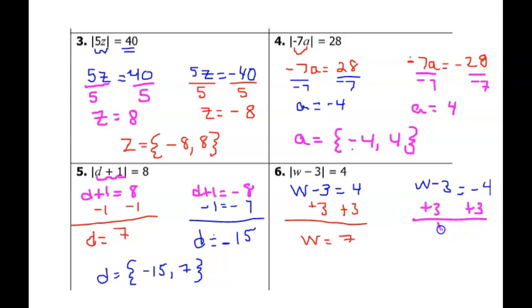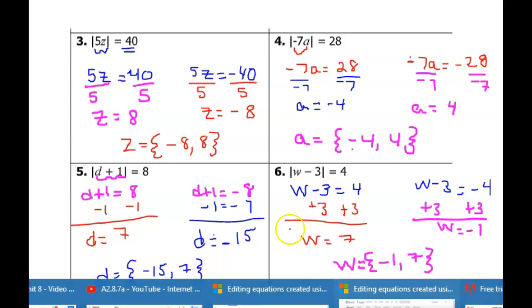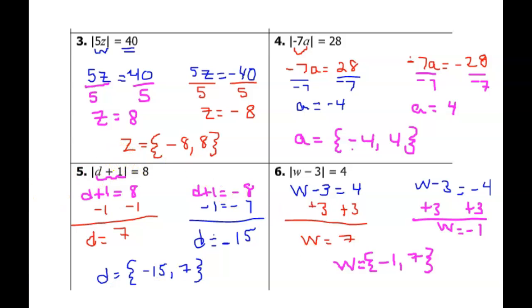This time I end up with W equals negative 1, okay? I'm going to do my solution set for W. W equals negative 1, 7. How are we feeling, guys? How are we feeling about those absolute values?